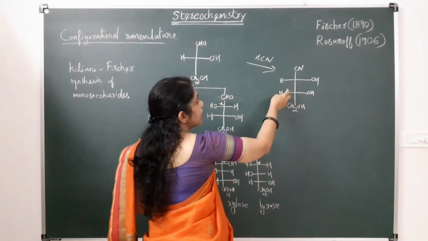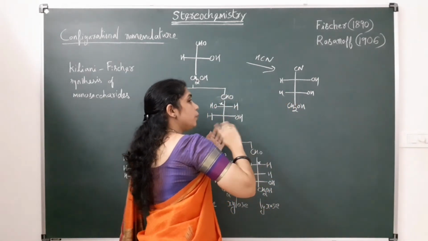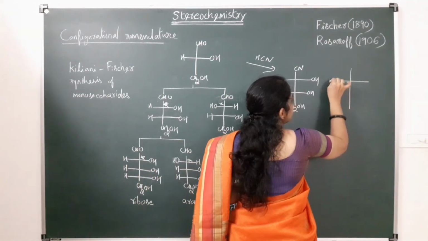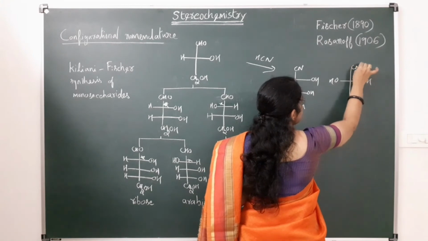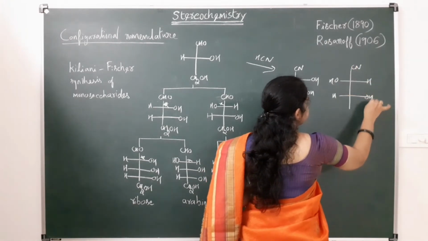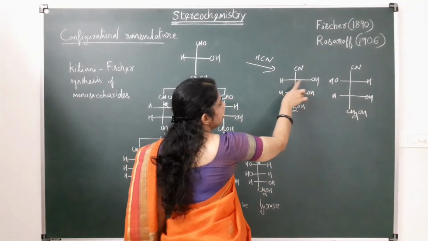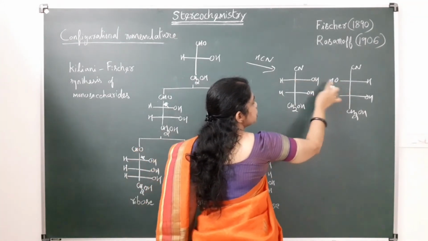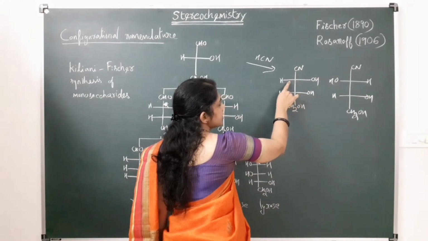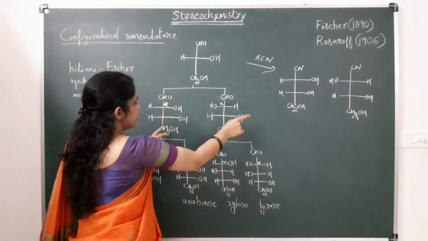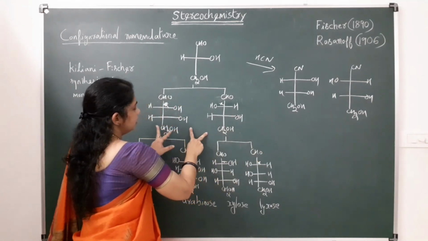The CN addition to this carbonyl carbon can occur from both sides. So there are two possibilities, HOH and OHH. Here it is CN, here it is HOH, here it is CH2OH. So this carbonyl carbon now becomes a new center. One is this one and the other is this. So there are two possibilities. These are the two molecules, isn't it?